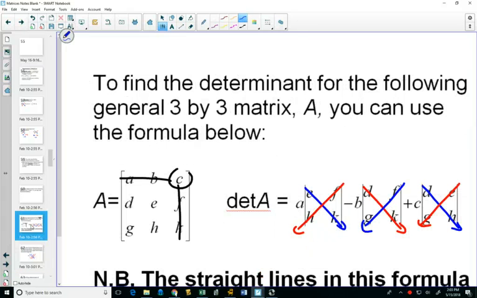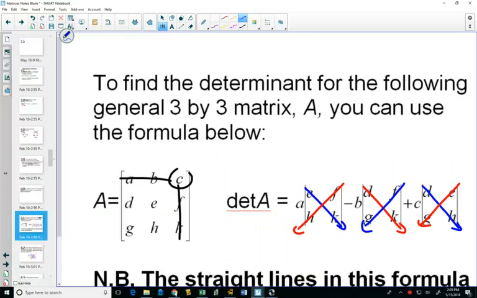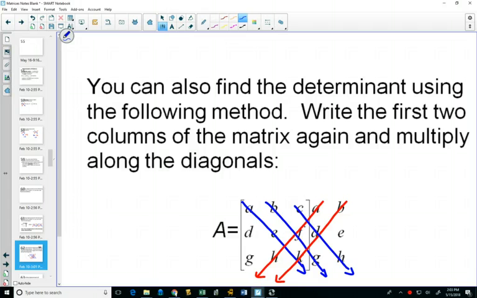And finally, CDH matches up with this arrow, and CEG matches up with that arrow.